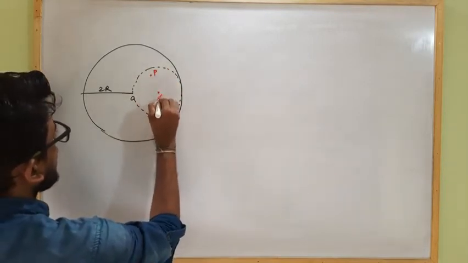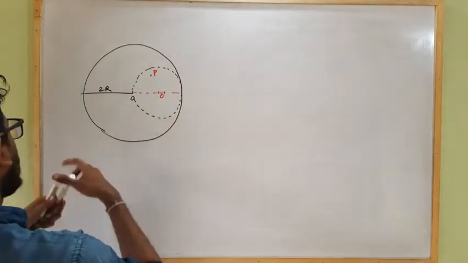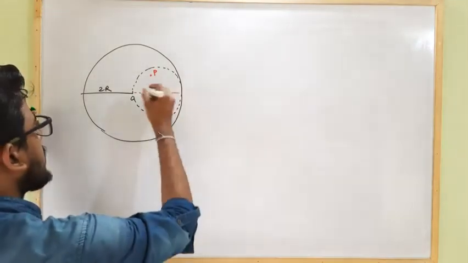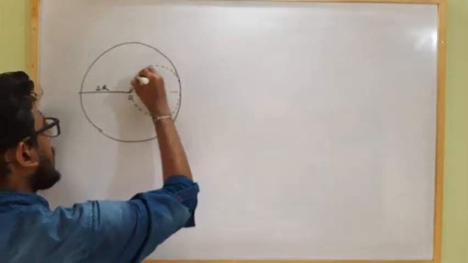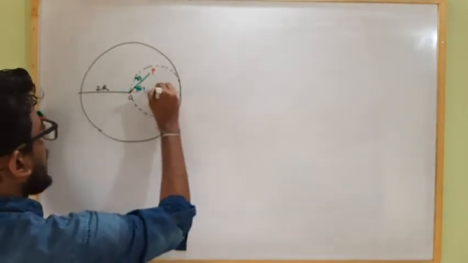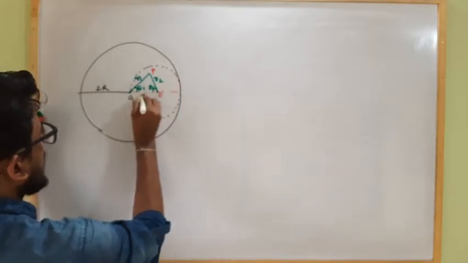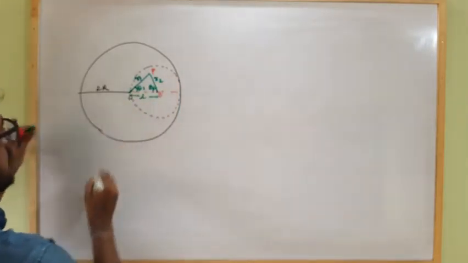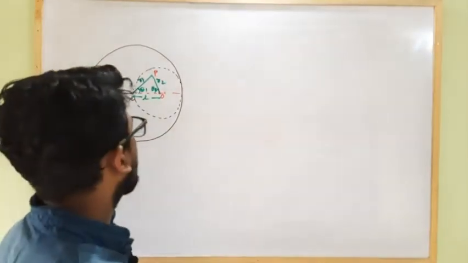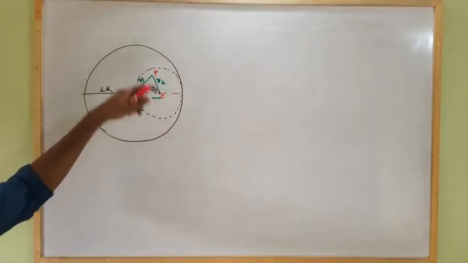Here is the center O dash. This point of observation is within the cavity, and it is at a distance r1 from O, which makes an angle theta 1, and at a distance r2 from O dash, which makes an angle theta 2, and this length is L, the separation between the two centers of the cavity and the current carrying conductor.